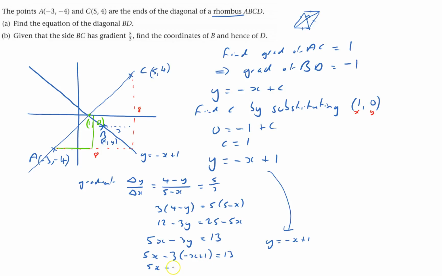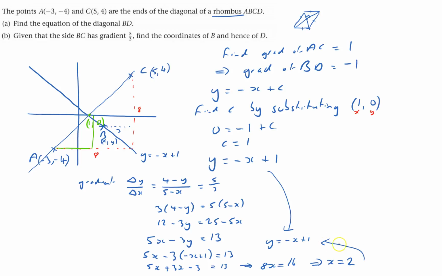So 5x minus 3 times minus x is plus 3x, and minus 3 times plus 1 is minus 3, equals 13. And that means 8x equals 16. Therefore, x equals 2.